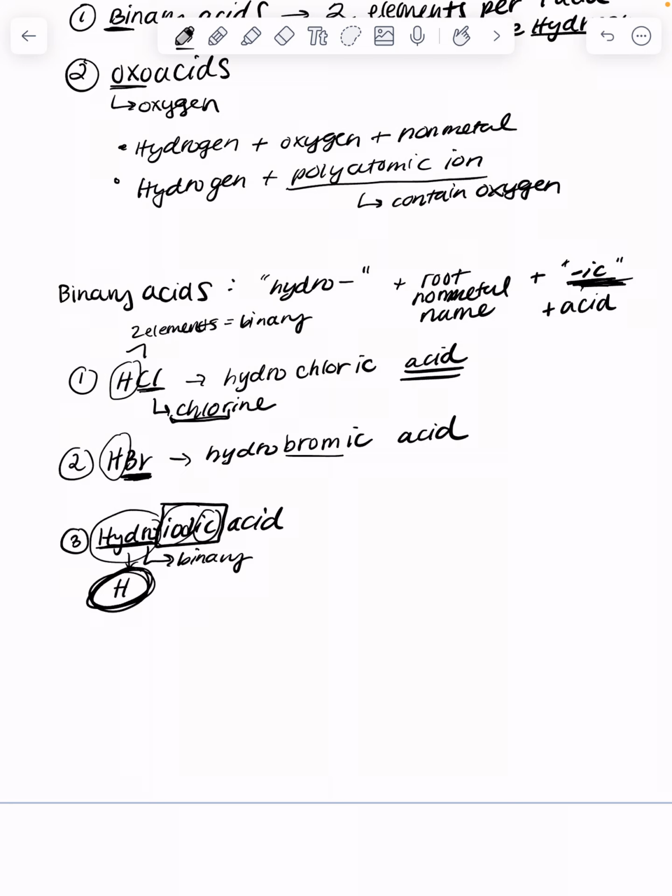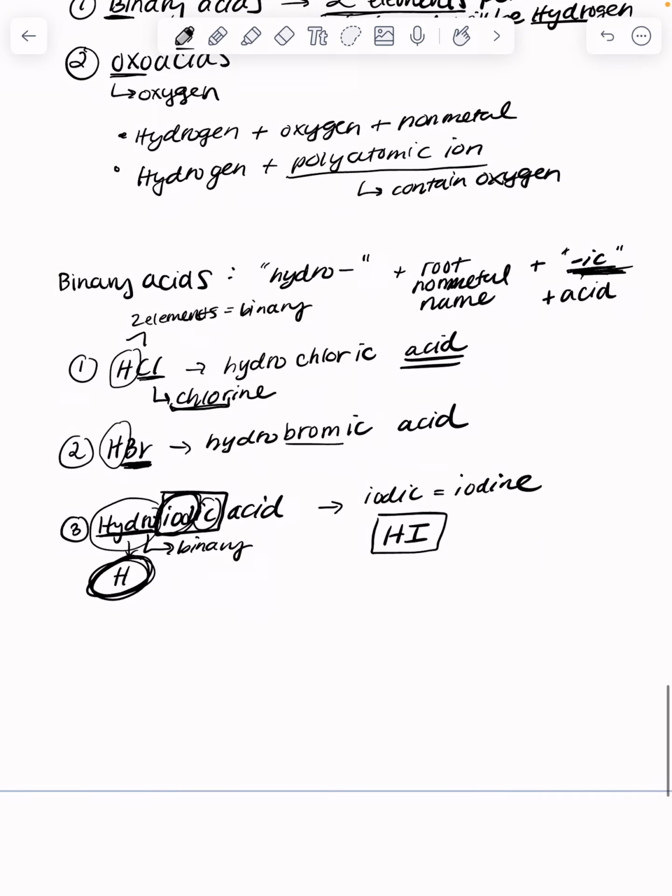So what element has this iodic as our root name? Well, I'm thinking that it's going to be iodine, right? Iodic equals iodine. Awesome. So how would I write this? I know I have one H. Awesome. And I have one iodine. So it'll be HI, hydroiodic acid.